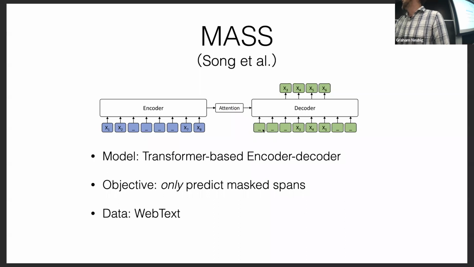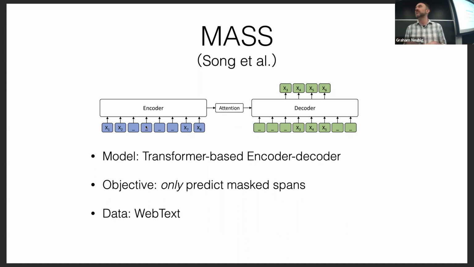And then on the decoder side, they mask out everything other than the things they predicted or the previous inputs. And the reason why they do this is basically they want to ensure that the decoder has to attend to things on the encoder side in order to pass information from the encoder to the decoder.